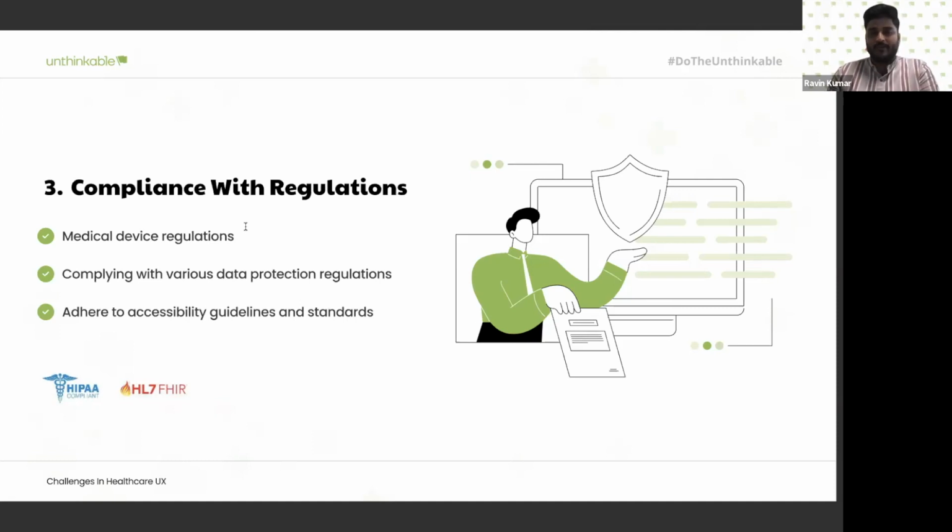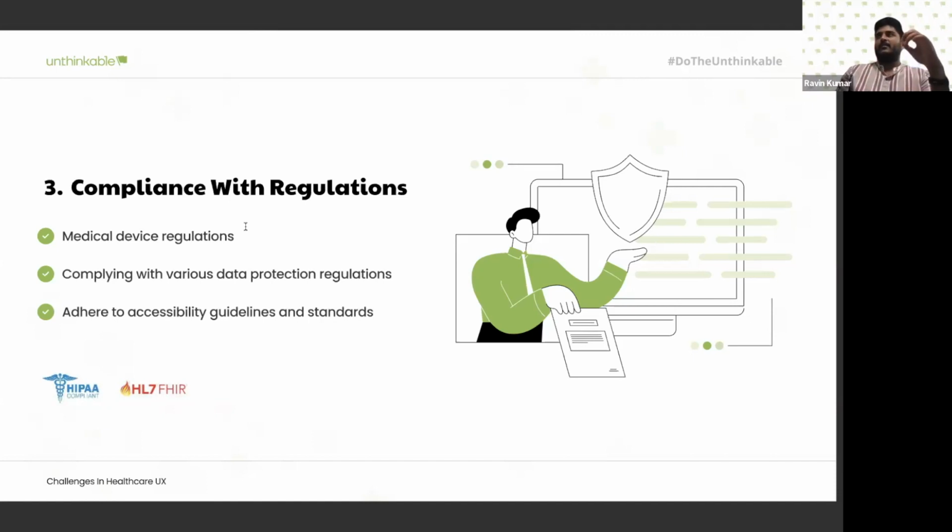A few examples where we have these kinds of challenges is the medical device regulation. We have a lot of medical devices, we all know that, and there are some ways to interact with them, maybe some UI or some input mechanism.